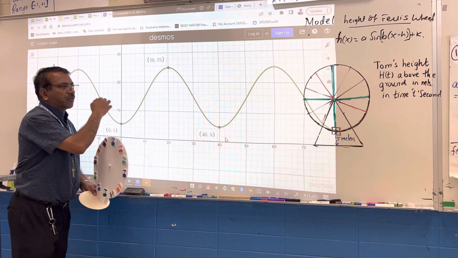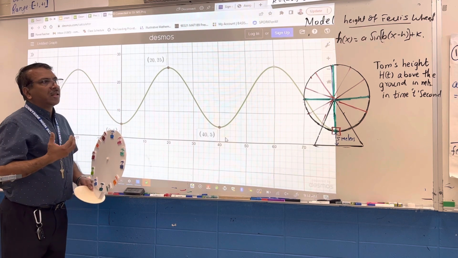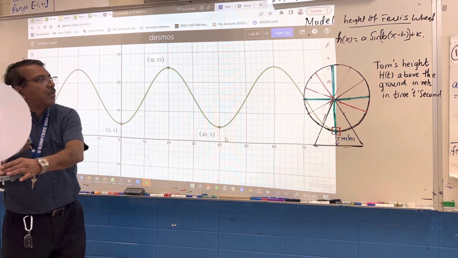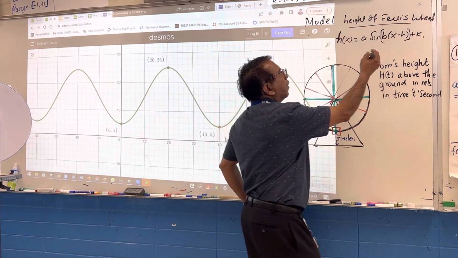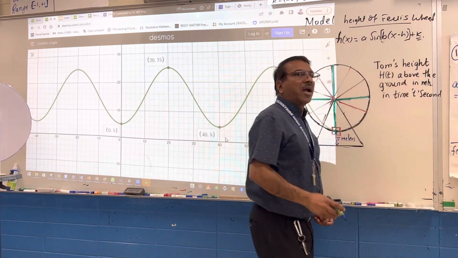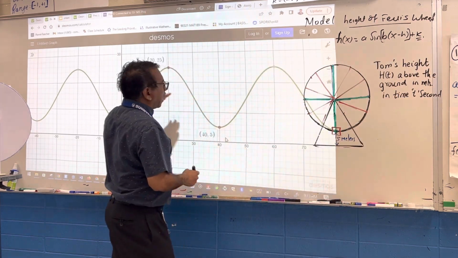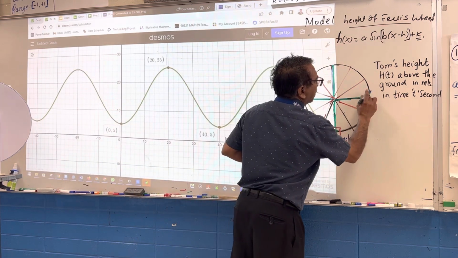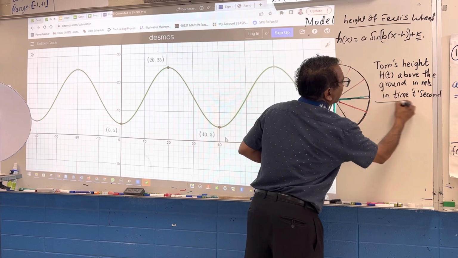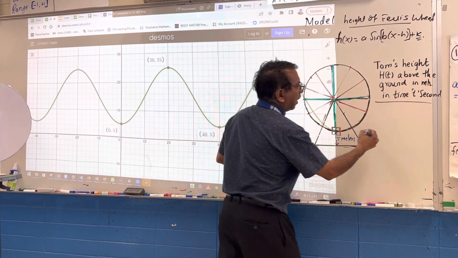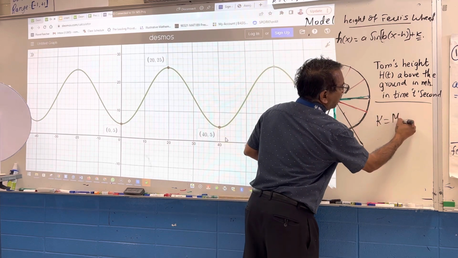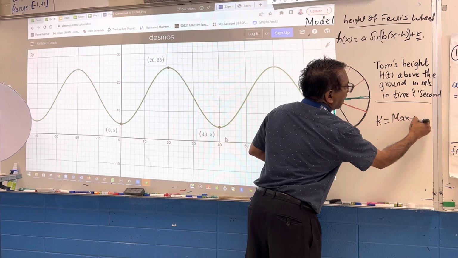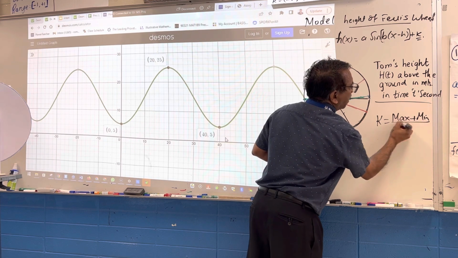So we first have to figure out what things are required to complete this problem. We need to know what k is. So the first thing is, let's find out what k is, the midline. So this is the midline. Step number 1, find k. k is the maximum plus the minimum divided by 2.